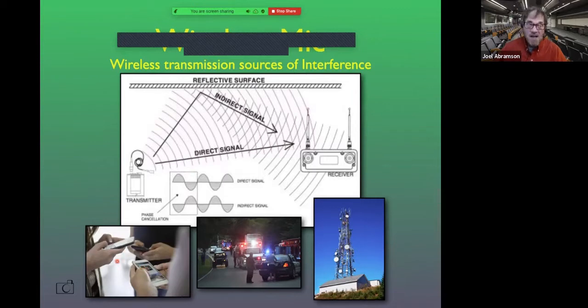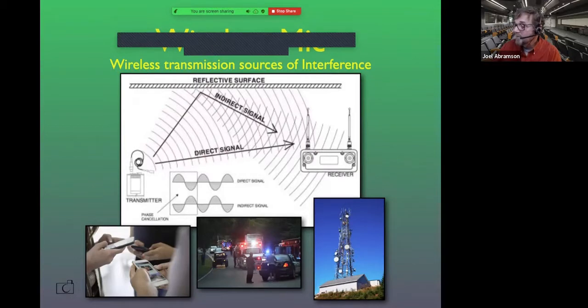If that happens to us, we may have to go into airplane mode on our cell phones. Sometimes I go into airplane mode just because I don't want my cell phone searching for a signal for 4 hours and it depletes the battery. But sometimes I don't want it to interfere with our receivers too, with our wireless mics.